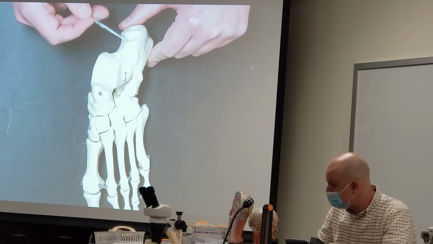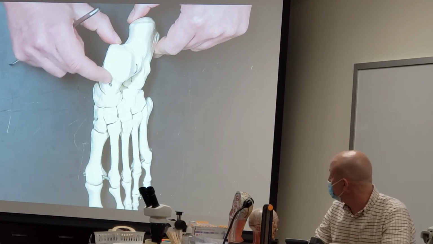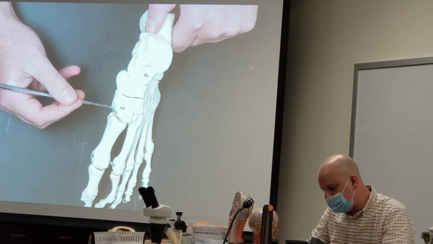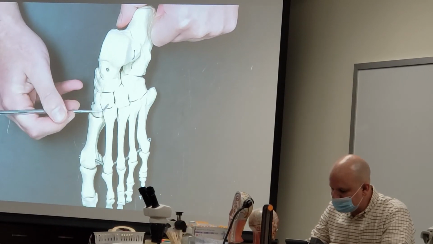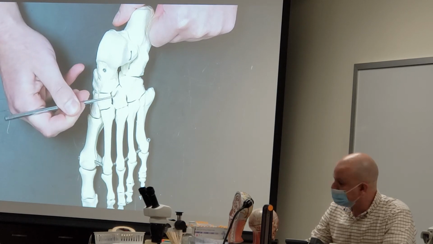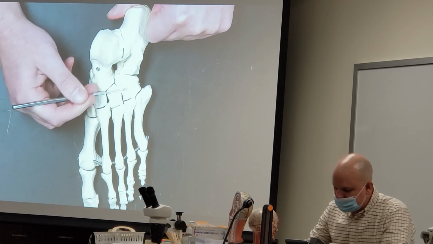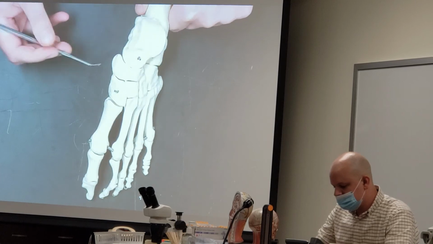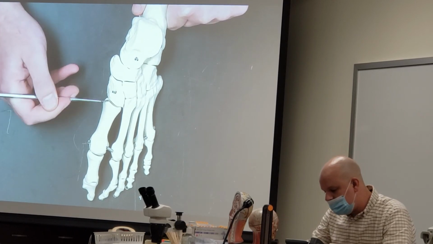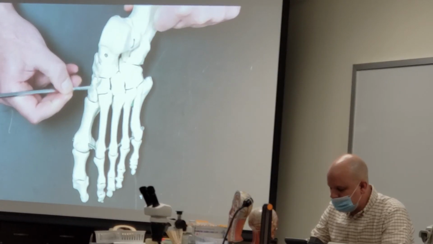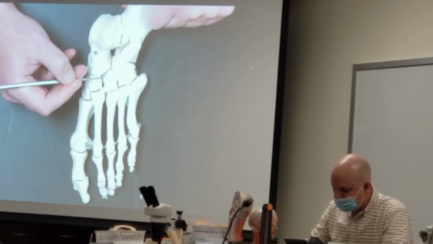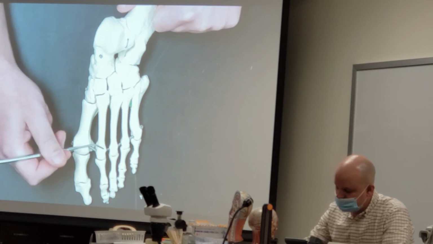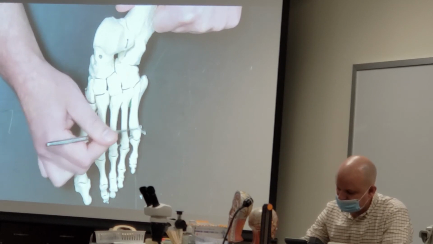So it goes calcaneus, talus, navicular, medial cuneiform, intermediate cuneiform, lateral cuneiform, and cuboid. Then metatarsals 1, 2, 3, 4, and 5.